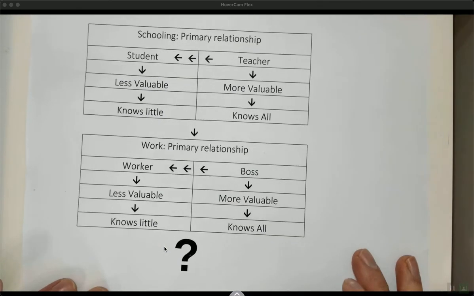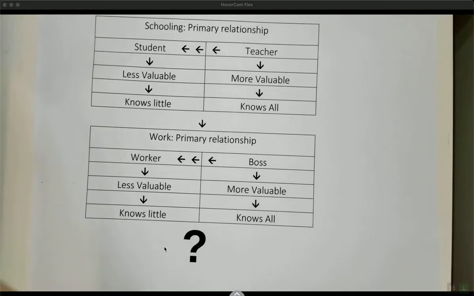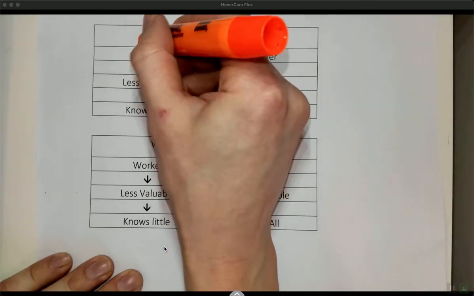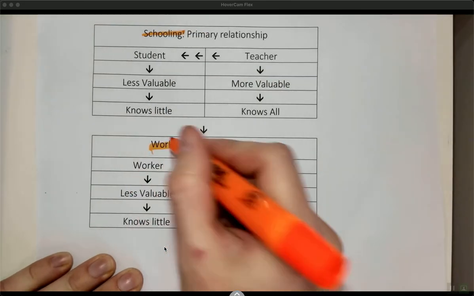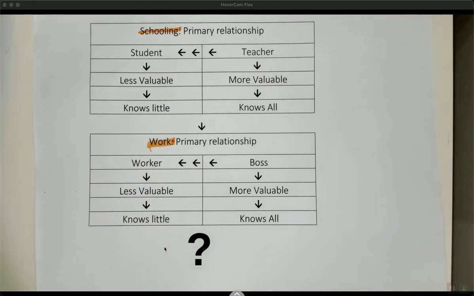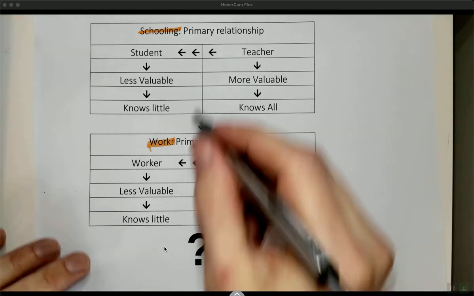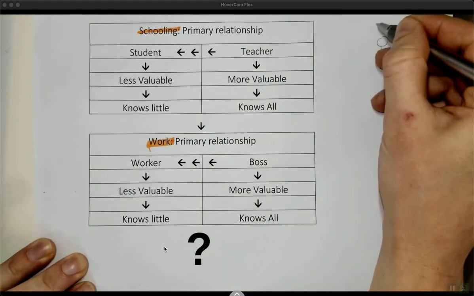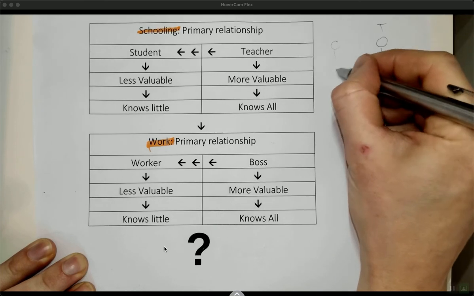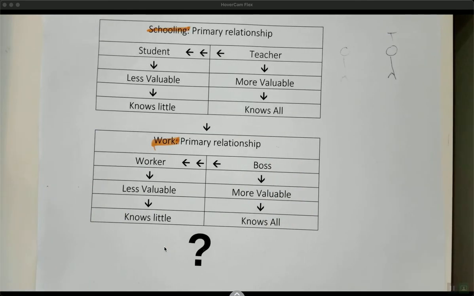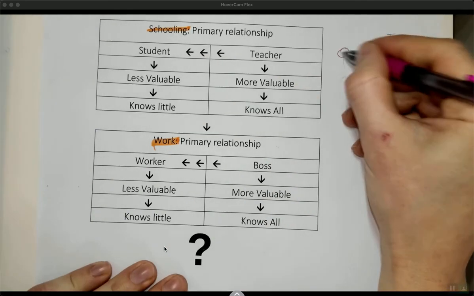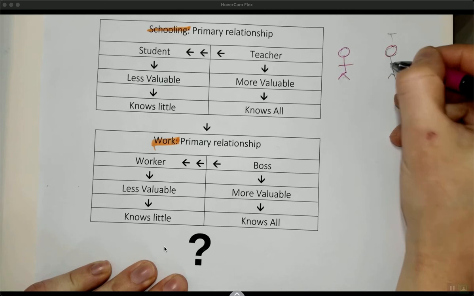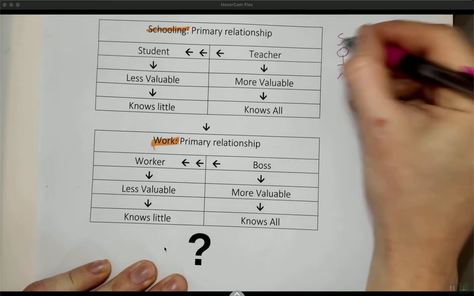If we're to extend this now, so if we're looking at schooling versus the workplace, schooling here may be the primary relationship. So as we noticed before, the teacher and the student.